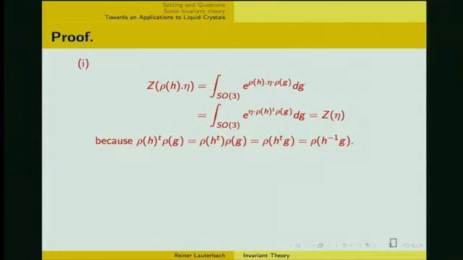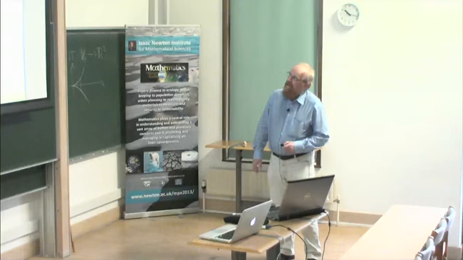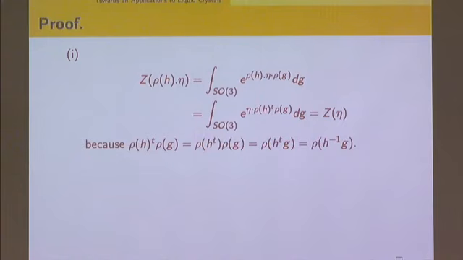If you look at this, we act on Z by rho of H. So rho of H goes into this, where we take the scalar product here. And this means that we put it on the other side with a transpose. And now this is an element of SO3, and by the properties of the Haar measure, which is invariant under left multiplication, this is not changed, and so we have the invariance properties of this function.